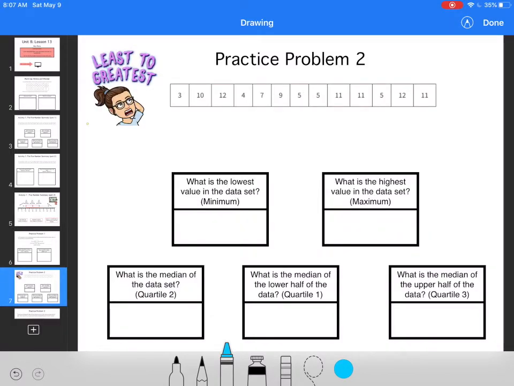All right, then it says practice problem 2. I have to find the 5-number summary, but these numbers are not in order from least to greatest. So it's going to take me a second to get them in order.